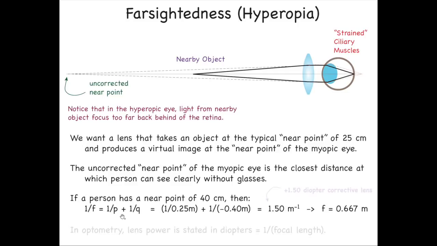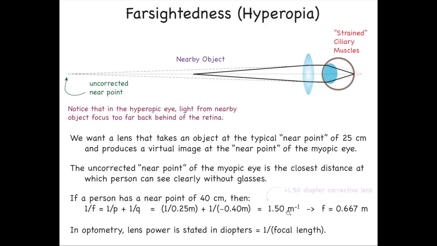Right, so the focal length we need is one that takes an object at 0.25 meters and produces an image at minus 0.4 meters. The minus sign is again because for a lens, image space is negative when it's on the same side. We do the math and it turns out that gives us a 1 over f of 1.5 inverse meters, which makes the focal length a 0.667 meter focal length lens.